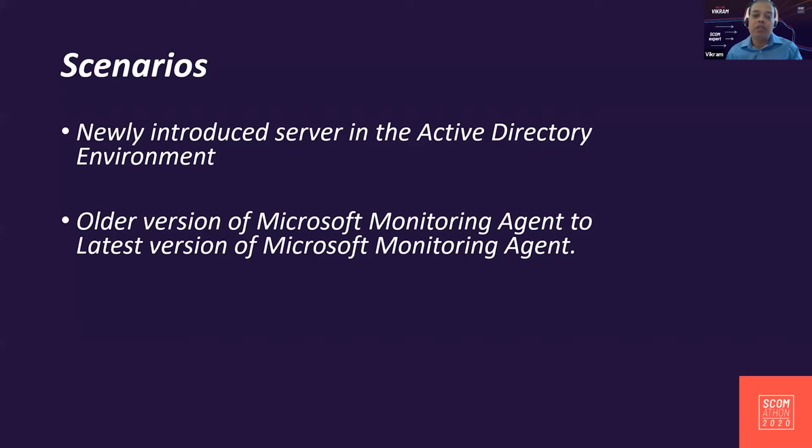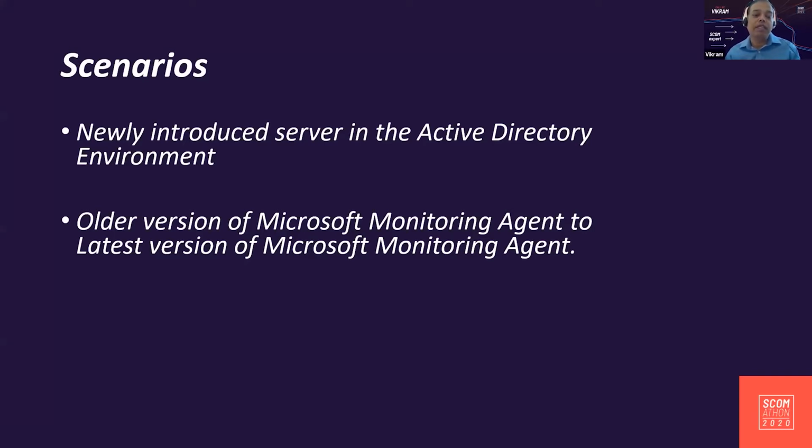So it's a human dependency. But think about a scenario where you would be introducing a new server, either Server 2016 or Server 2019, which would be hosting any roles. And automatically the machines will go and try to install the agent. And from day one, your monitoring will get started without your knowledge too. It means a fully automated one.